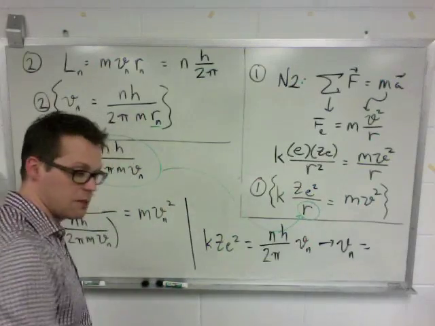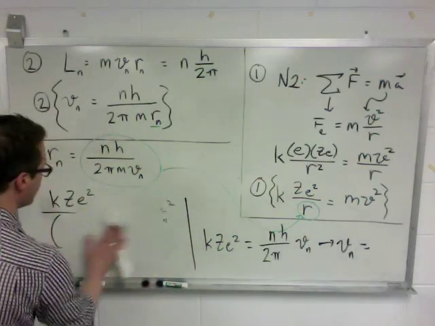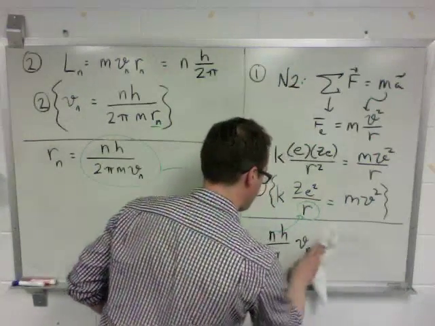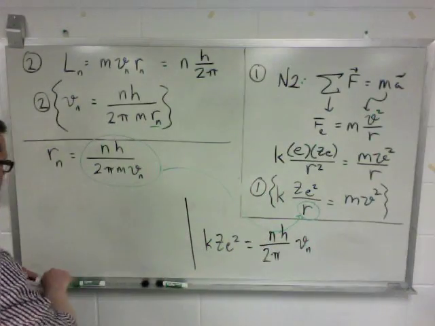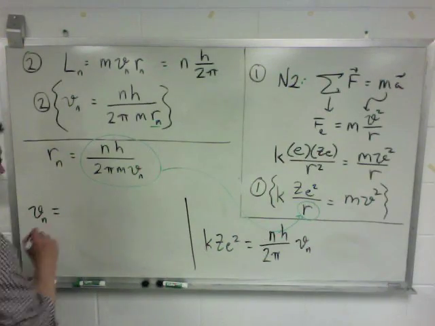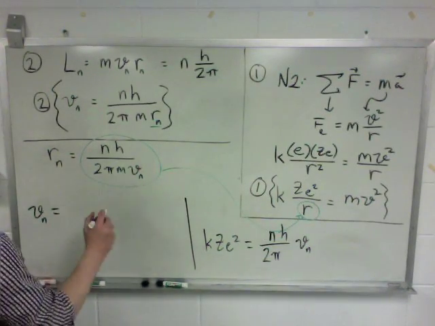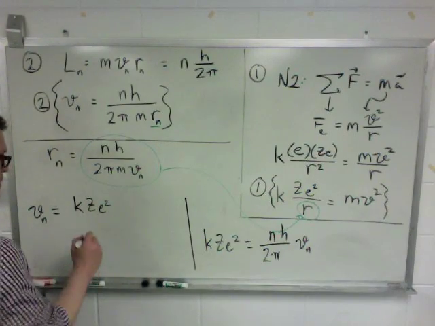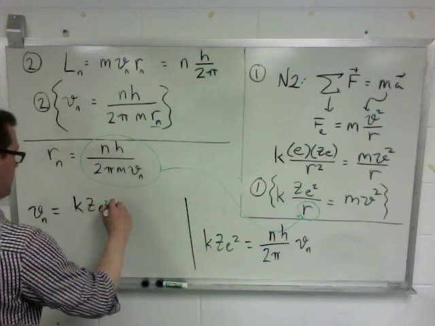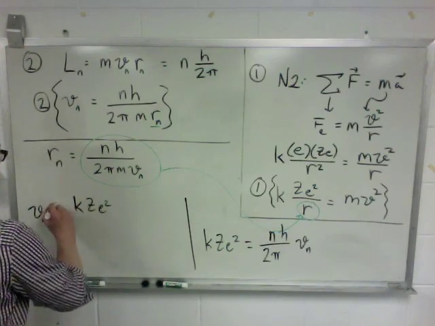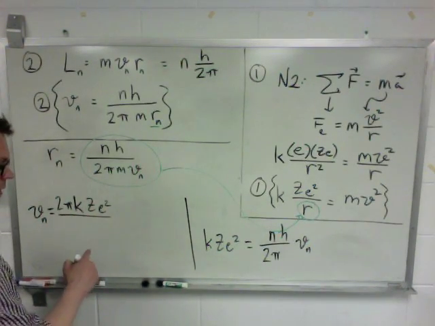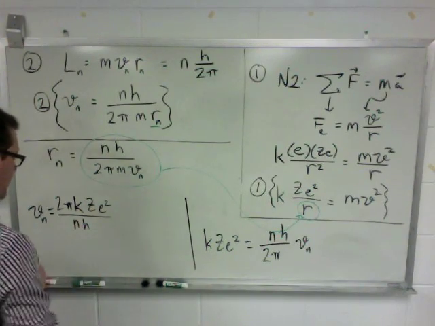Well, I'm running out of space here, so I'm going to erase this now. Sorry, I know this is getting a mess, but this is kind of a small board. So again, if I solve this equation for v sub n, I get that v sub n equals k z e squared times 2 pi, put my 2 pi out front, 2 pi k z e squared, and that's going to be over nh.